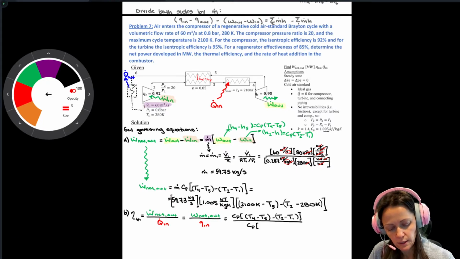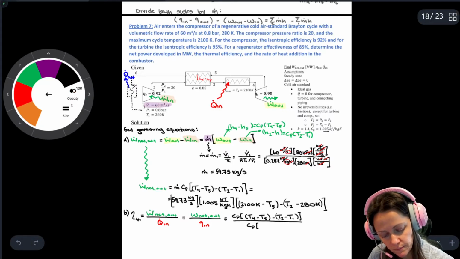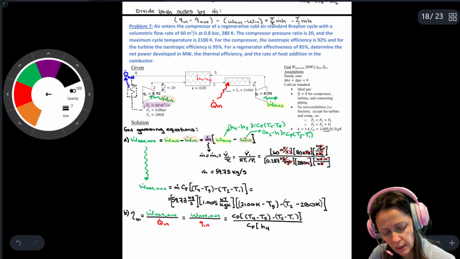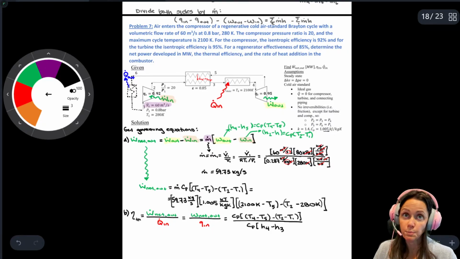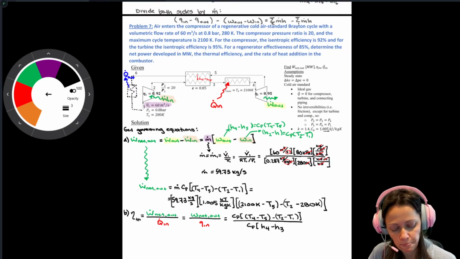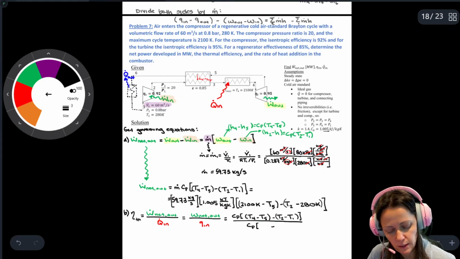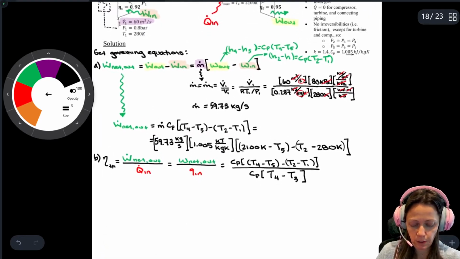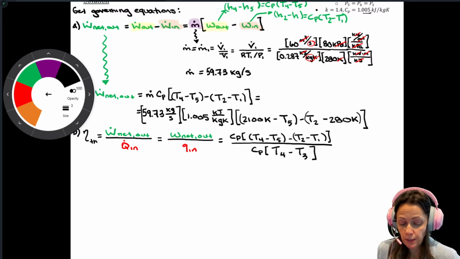So H4 minus H3, but I could put that in terms of CP delta T, which I'm going to do right now. So it would be CP delta T, so that's going to be T4 minus T3. All right, perfect. And so at this point, I think I'm good.